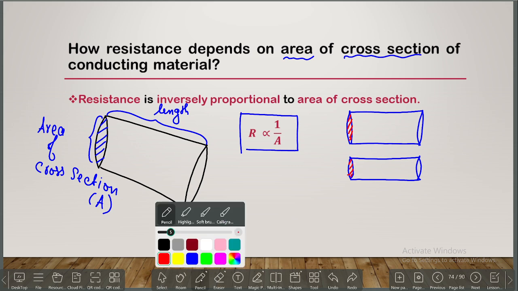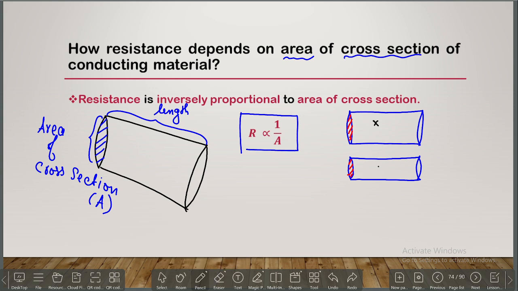Let's name them wire X and wire Y. If you observe here, the area of cross section is high, whereas here the area of cross section is low. As we said earlier, resistance is inversely proportional to the area of cross section.